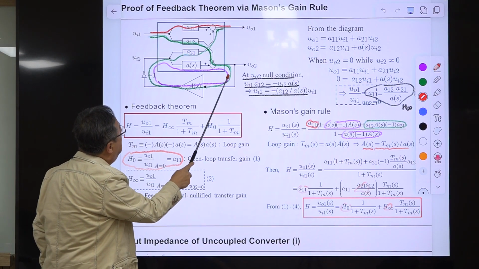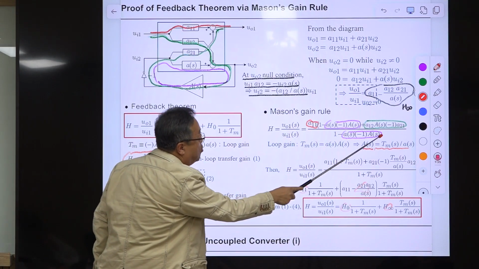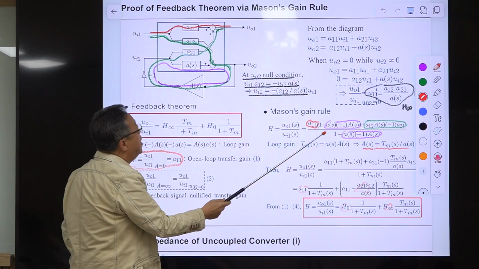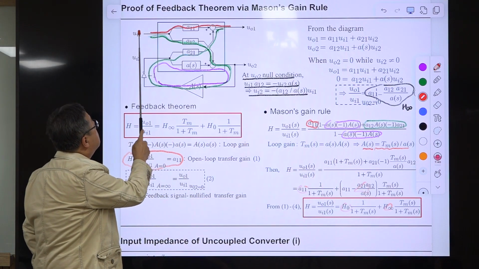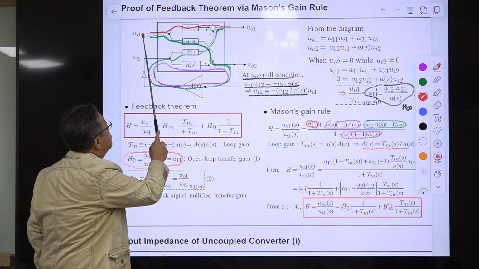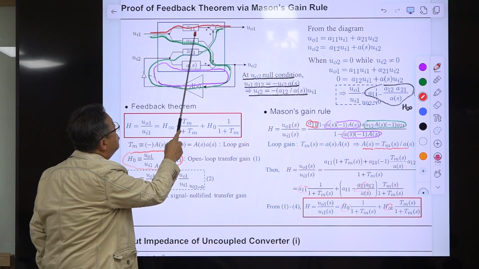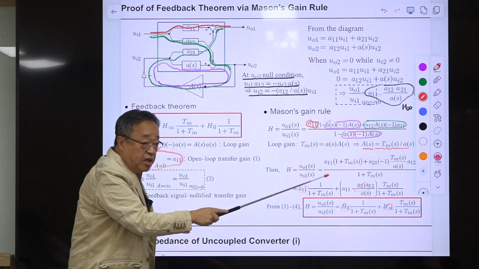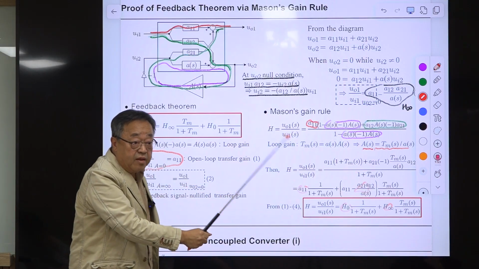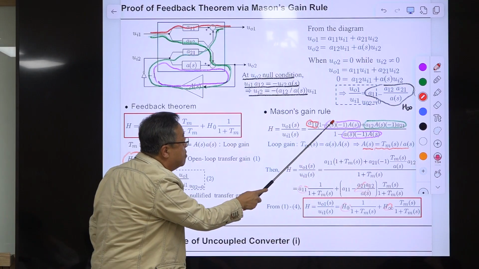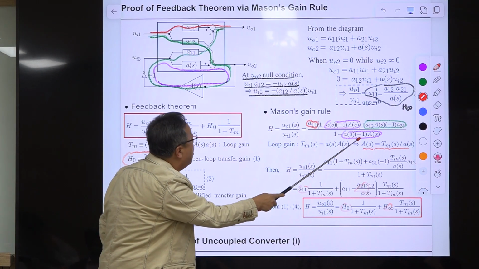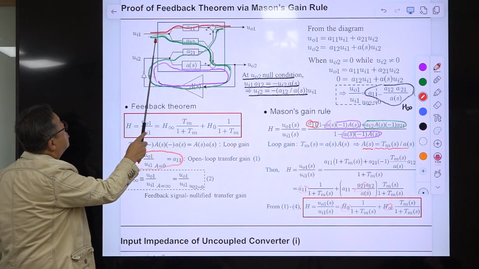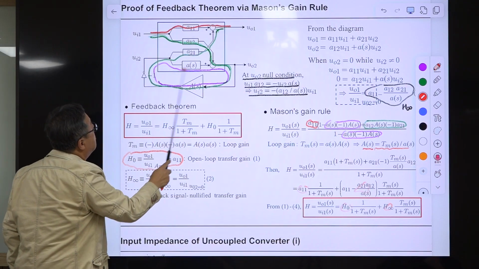I used the purple color for this one. And in the numerator, the feed forward gain from the input to output. There is one feed forward gain, which is A11, and this term is 1 minus del 1. This is the del 1. It is the same as this one, but there is no touch between this path and this loop.